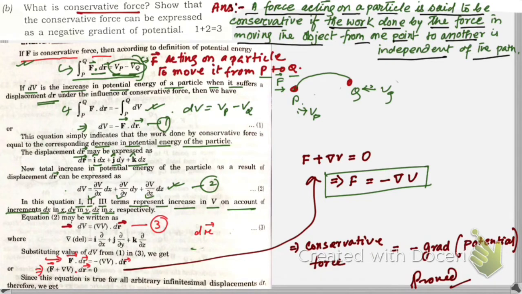So the thing that can be 0 is force plus this grad V. If it is equal to 0, then F must be equal to negative gradient of V, and so F is the conservative force, that is the negative gradient of potential, V being the potential, right? So that's how we can prove it. I hope you have understood.